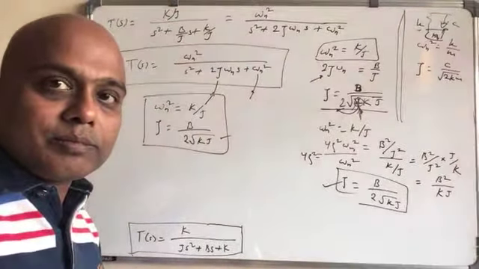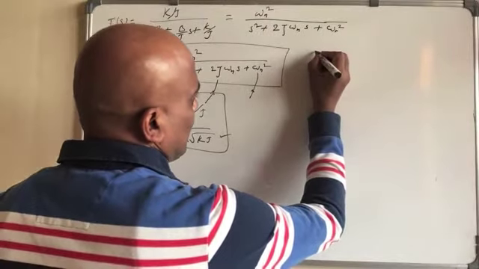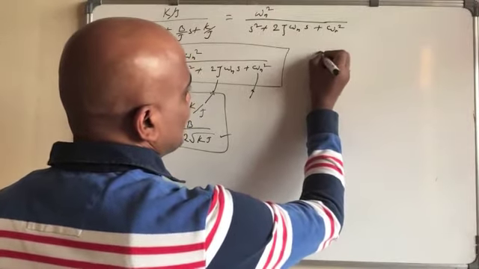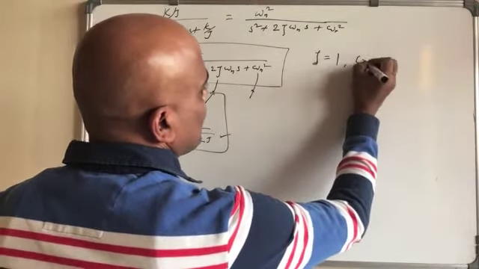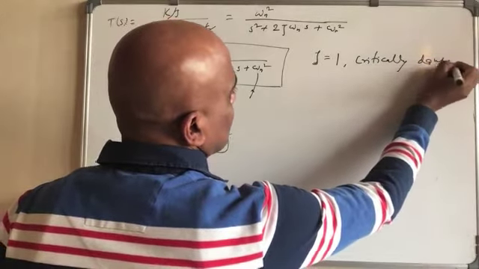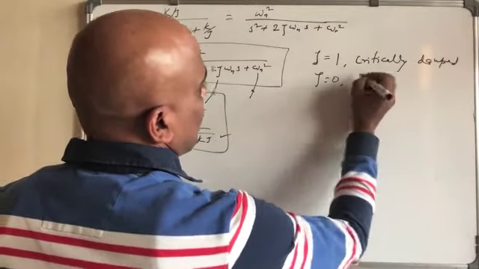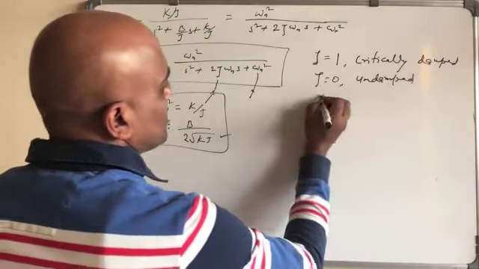Okay. Next thing is you should remember that, depending on the zeta, when we have zeta equal to 1, we call it critically damped. Zeta equal to 0, we call undamped. So this is just a repeat.